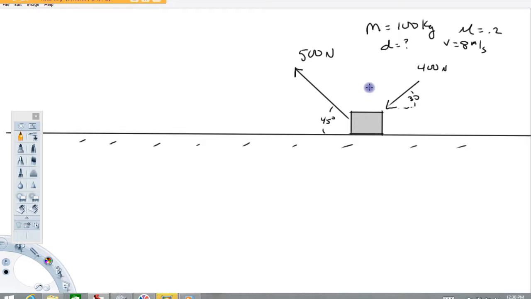So I'm going to call this position 1. And after this box has moved a certain distance, it's going to be at a new location. I'm going to put that object over there. All right, I'm going to call this position 2.